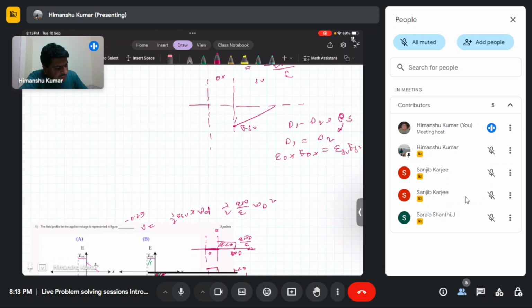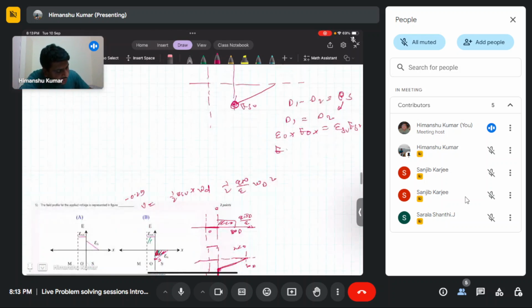Because we know E silicon at the interface, we can calculate E ox in the oxide region, which equals epsilon of silicon divided by epsilon of ox multiplied by E of silicon.